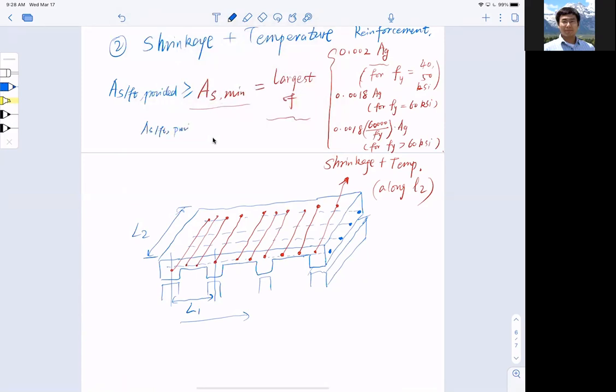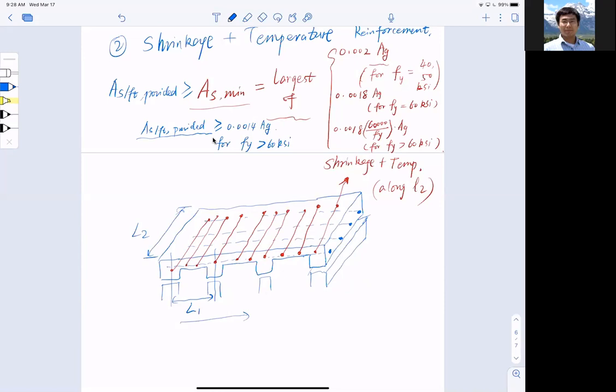I also have to satisfy that As per foot provided has to be greater than or equal to 0.0014 Ag, for the case of Fy greater than 60 ksi. A little bit messy here, but that's what the code says.